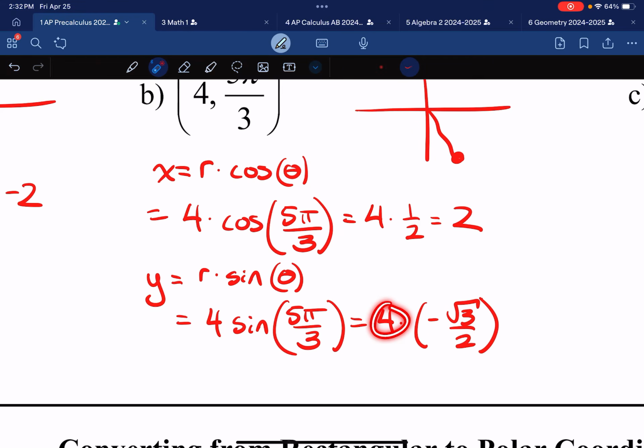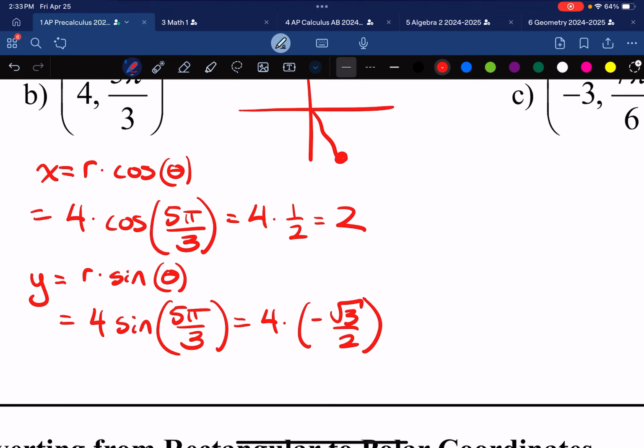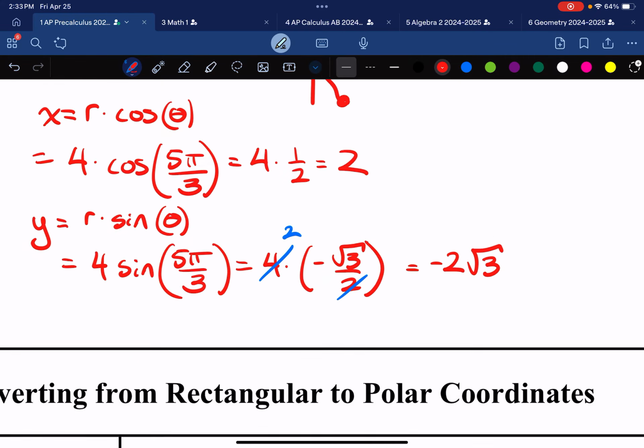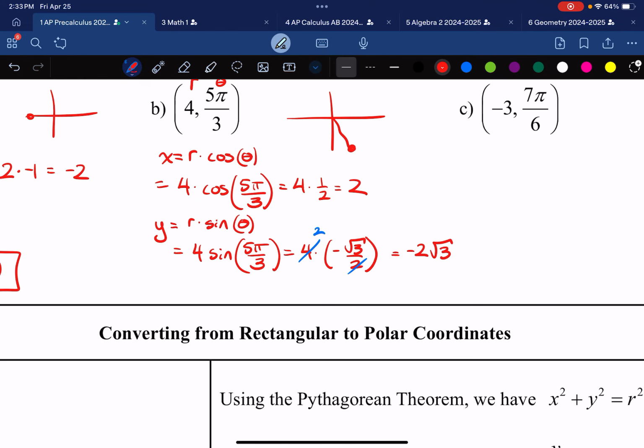And I'm seeing that this 4 and this 2 are going to cross cancel. This one's going to turn into a 2, and this one's just going to go away. And that means this is going to turn into a negative 2 root 3. And therefore, our final answer here is going to be x comma y. x is 2. y is negative 2 square root of 3 for our final answer, which I will then box.